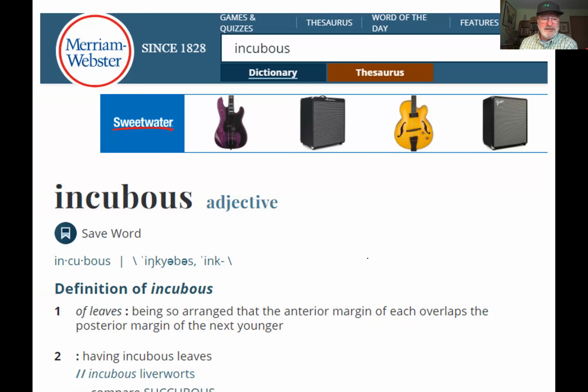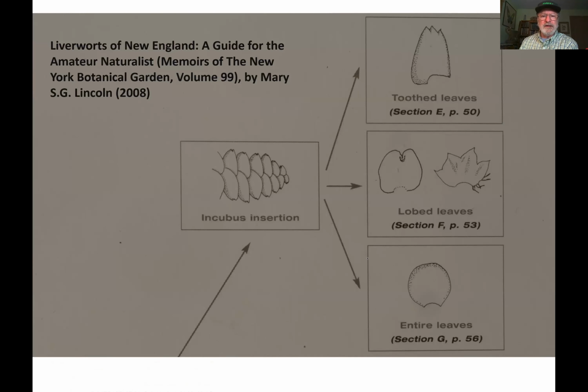So here's the dictionary definition of incubous. It's of leaves being so arranged that the anterior margin of each overlaps the posterior margin of the next younger, which is kind of complicated. What I like to do to interpret incubous versus succubous is, with the incubous one, look at it from above like we are in this picture, and imagine a raindrop falling on the leaf from above.